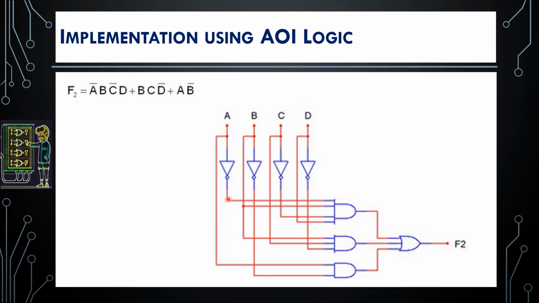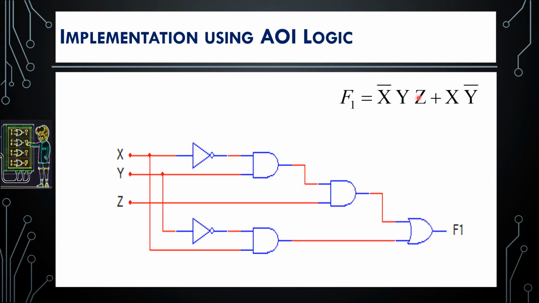A bar, B, C bar, D. The second minterm is a three-input AND gate with the inputs B, C, D bar. And the third AND gate is a two-input AND gate with the inputs A, B bar. The output from each AND gate needs to be connected to the OR gate, which produces the output of the Boolean expression.